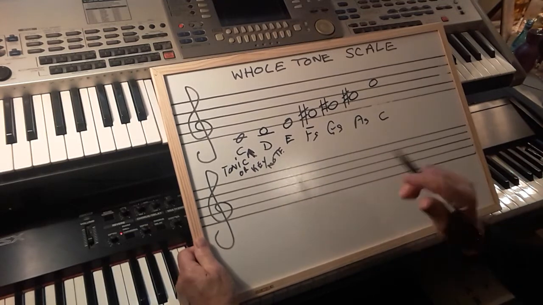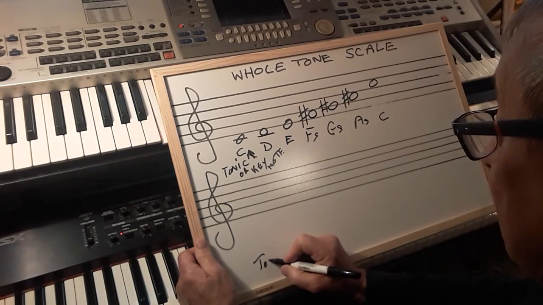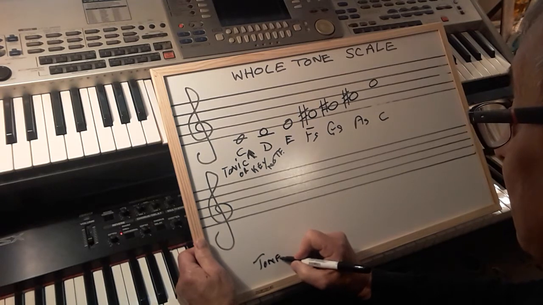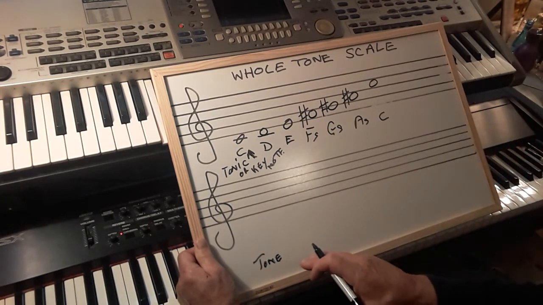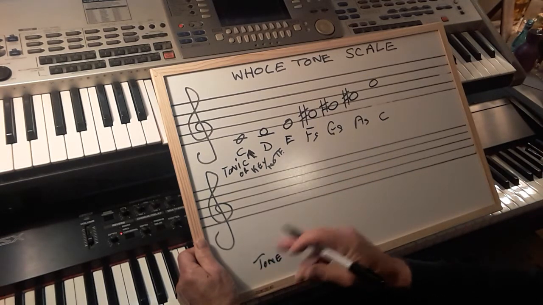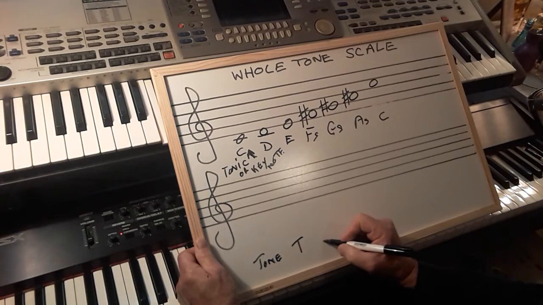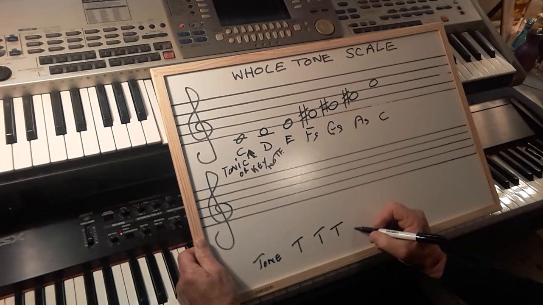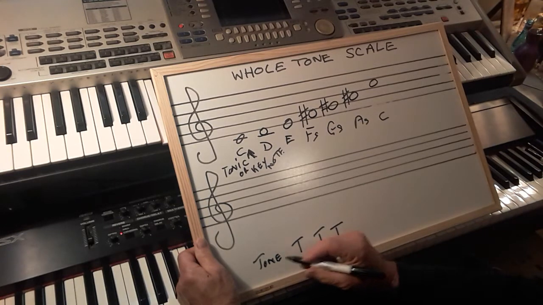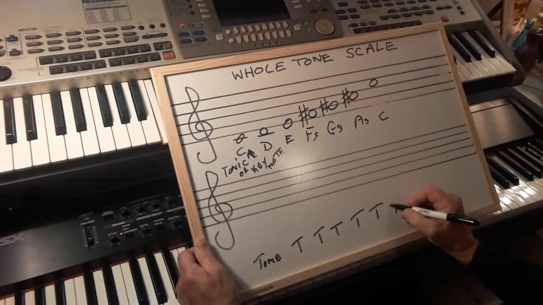The formula is tone, right, and then I won't write tone again, I'll just use the letter T for tone. Tone, tone, tone, 1 2 3 4 5 6 7, 1 2 3 4 5 6 7.